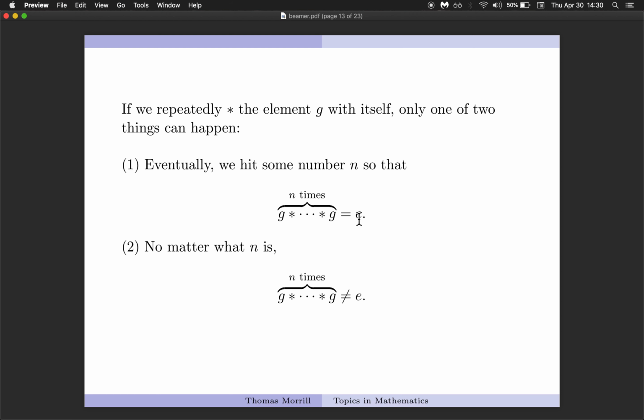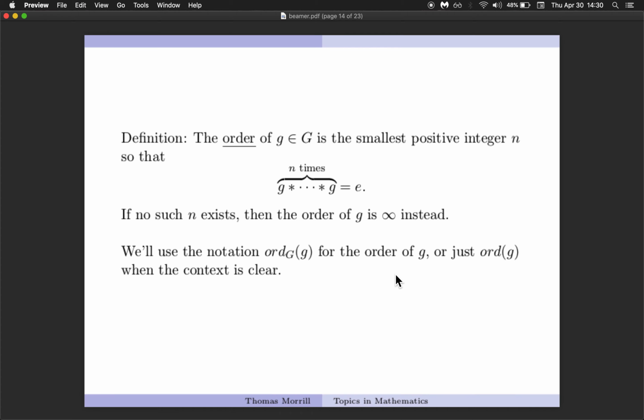If that doesn't happen, right, if I can never solve this equation, I'd say that no matter what n is, this combination of G star G star G star G star G and so on does not give me the identity element. Those are the only 2 things that can happen. Either I can find some n that the equation works, or the equation never works.